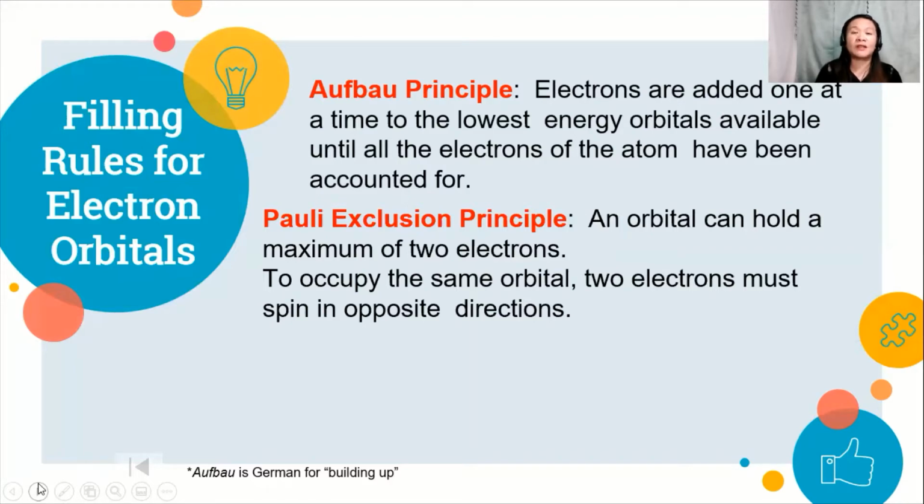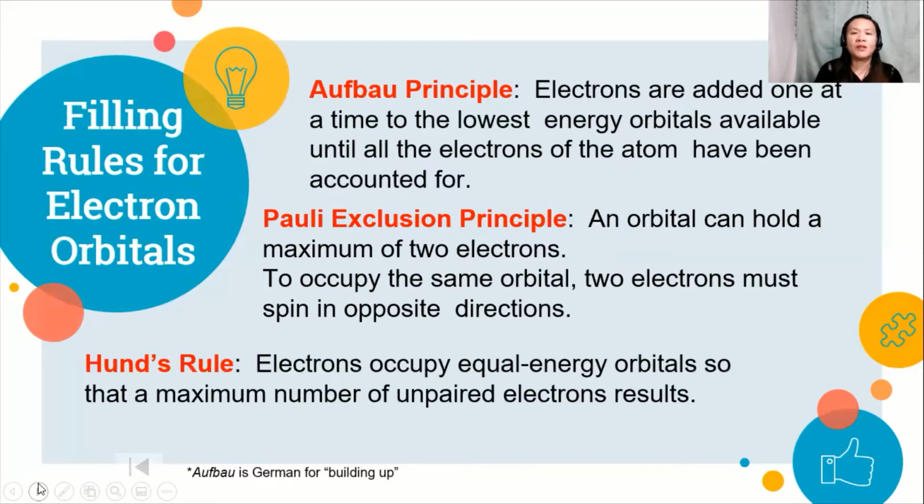The third rule is called Hund's rule, which says that electrons occupy equal energy orbitals so that the maximum number of unpaired electrons results. So let's take a look at these different principles one by one.